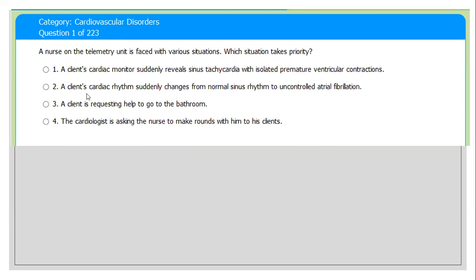Number two, the client's cardiac rhythm suddenly changes from normal sinus rhythm to uncontrolled atrial fibrillation. It is definitely important. Every student must understand sinus rhythm.